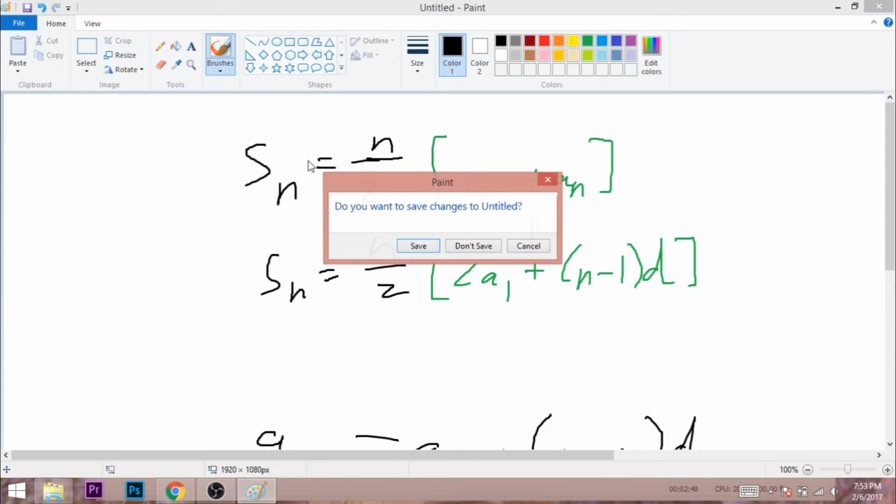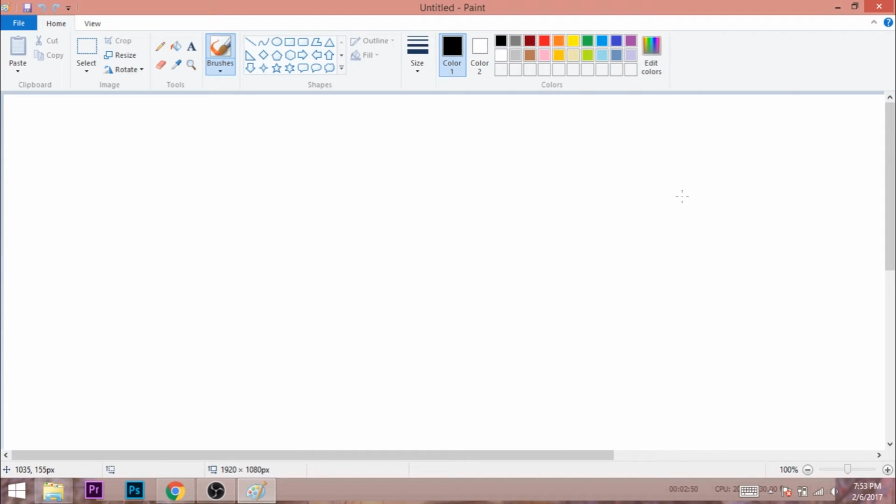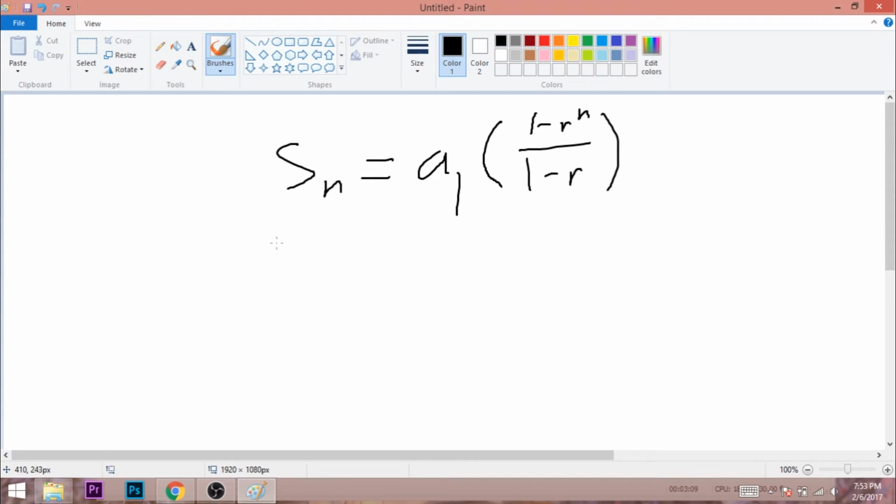Now I'm going to cover geometric sequences and series. Let's start with the geometric series. For the geometric series, you want to remember Sn is equal to a1 times 1 minus r to the n power, divided by 1 minus r. a1 would be your first term, n being the term you're trying to find, and r being the ratio.